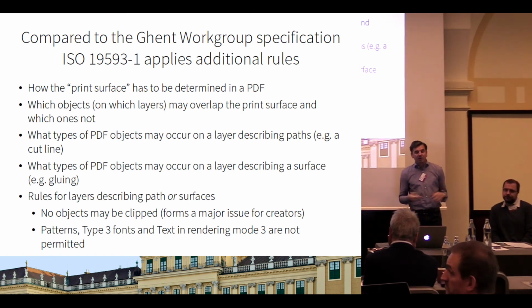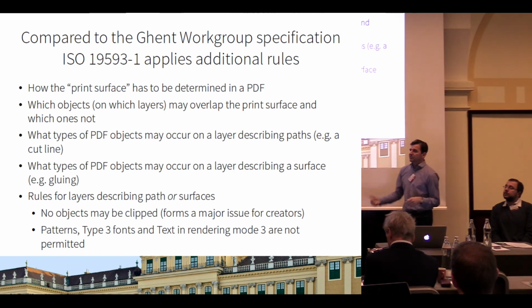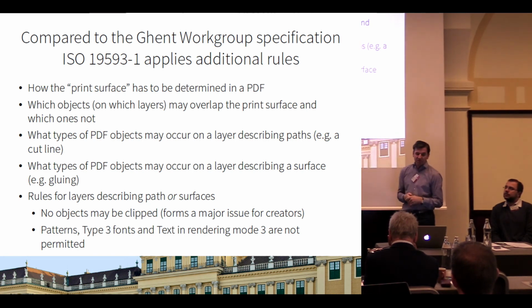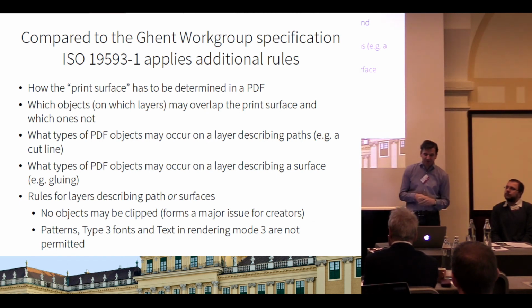And then there are also rules about what type of objects may occur on a layer. For instance, for layers describing paths, like the cutting and so forth, what objects are allowed there? Images or filled vector objects, those not.